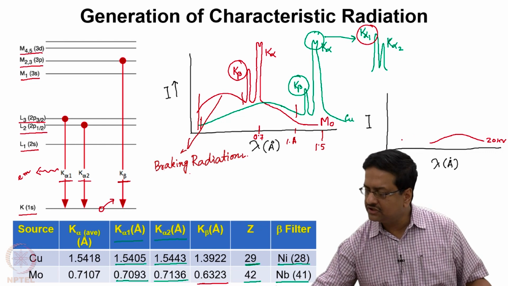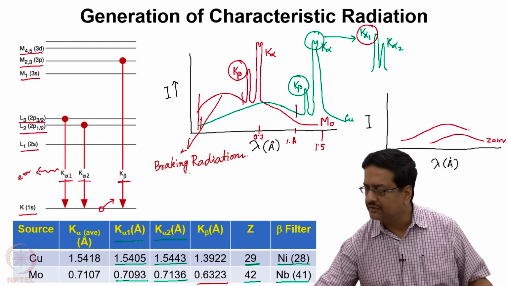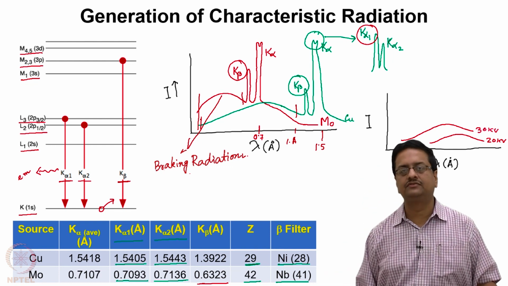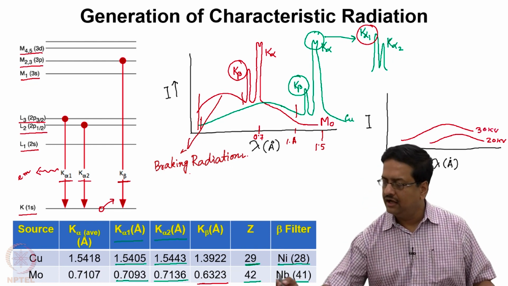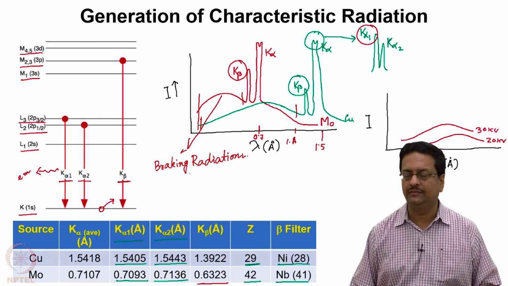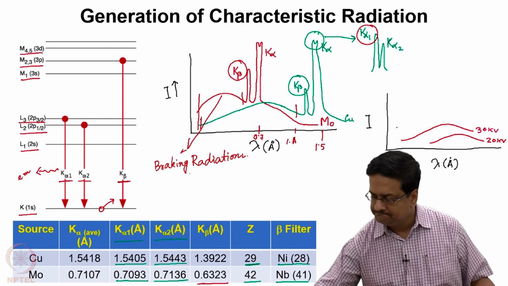If we increase that potential difference to something like 30 kV, the maxima shifts towards the lower wavelength and the intensity of the radiation that is coming out has also increased.